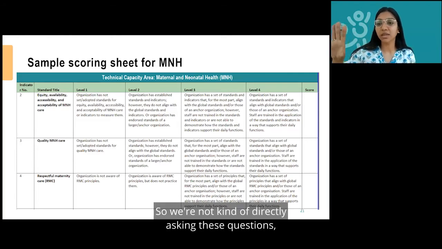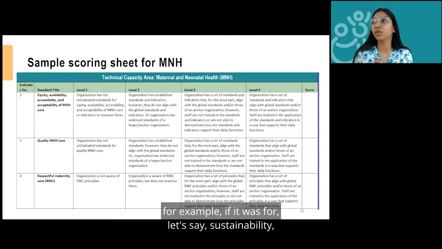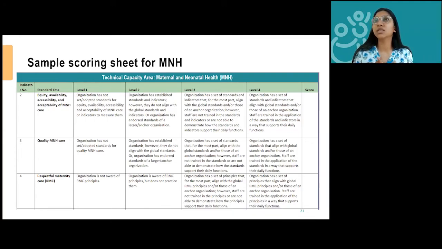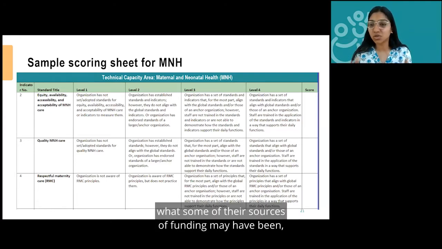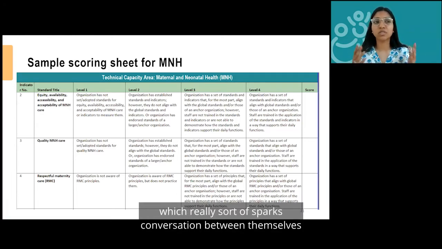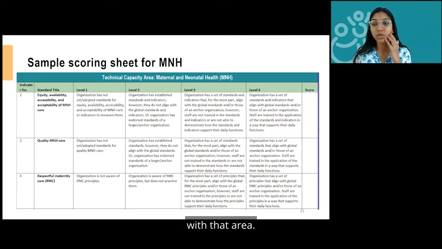So we're not directly asking these questions, but the questions are focused around, for example, if it was sustainability, we would ask questions around the plans that they have, what some of their sources of funding may have been, what their vision and goals are moving forward, which sparks conversation between themselves to understand where the organization is at with that area.